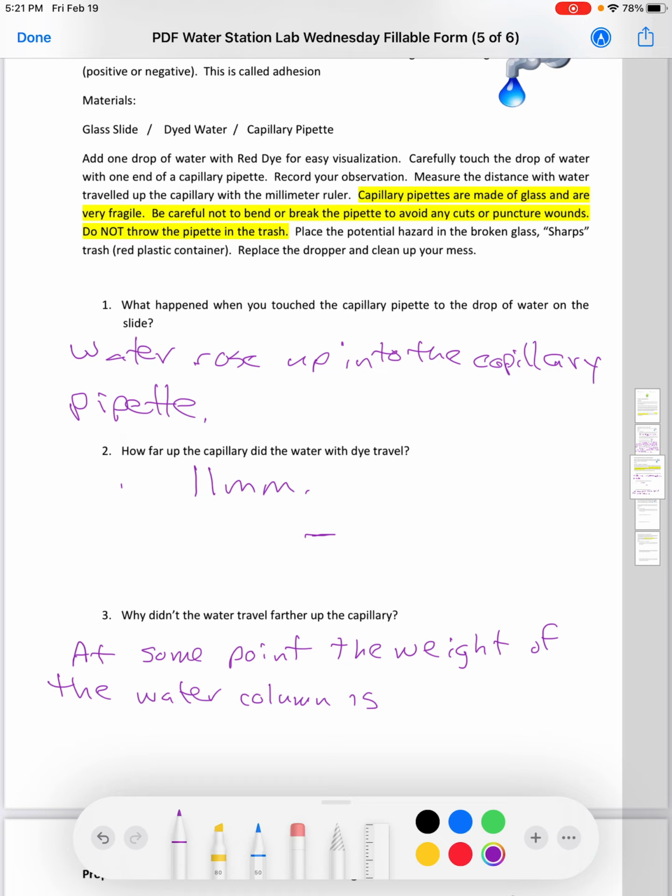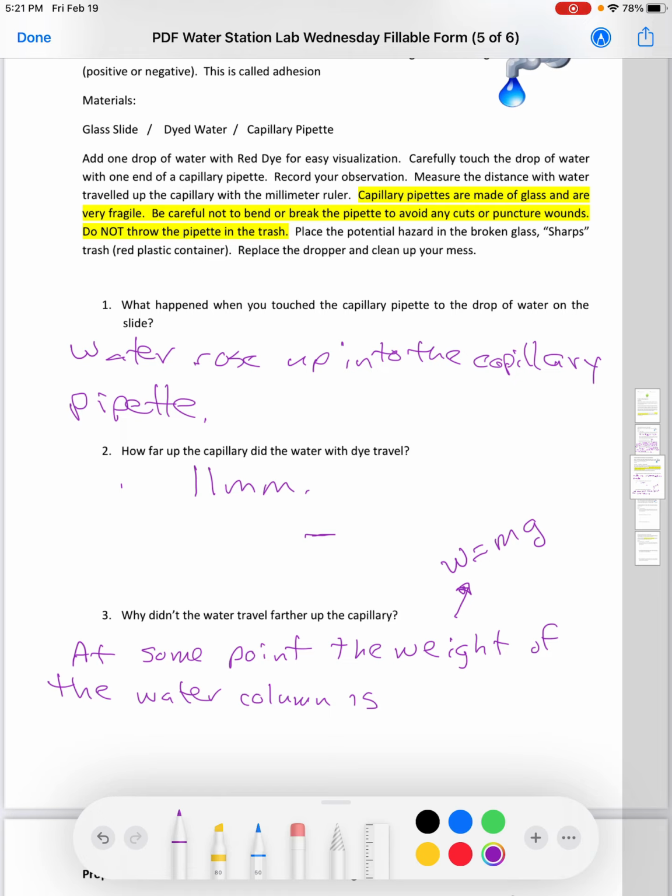And remember, weight is a force. So you may or may not remember this from physics or physical science. Weight is equal to the mass times the acceleration due to gravity, g. And so weight is a force as we define it in a chemistry classroom. So at some point, that force becomes greater than the force of the hydrogen bonds.